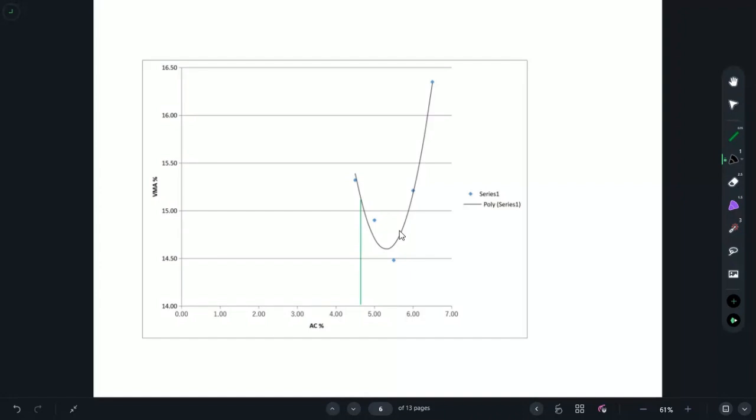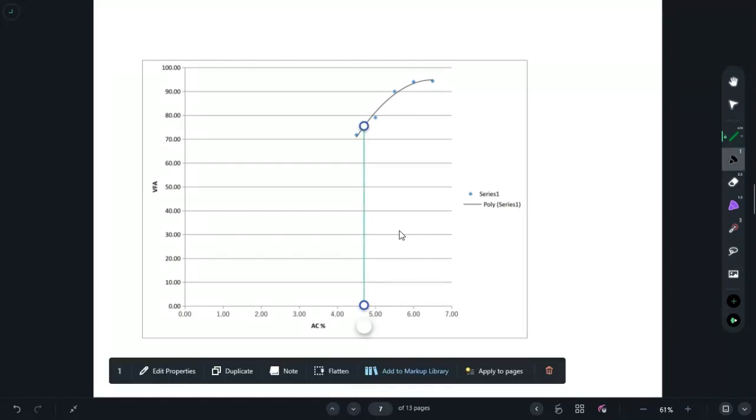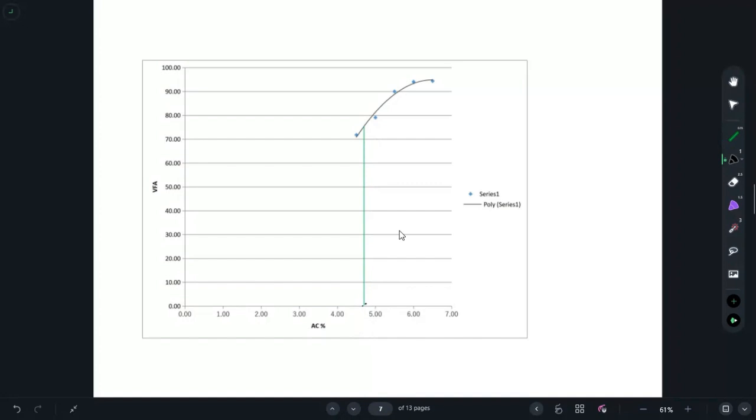So let's call it 15.2%. VMA is 15.2%. The third criteria is VFA. Let's draw a line for 4.65. It should go all the way like this. And for that, we'll get a value of 70 and up. Let's call that 74 percentage.